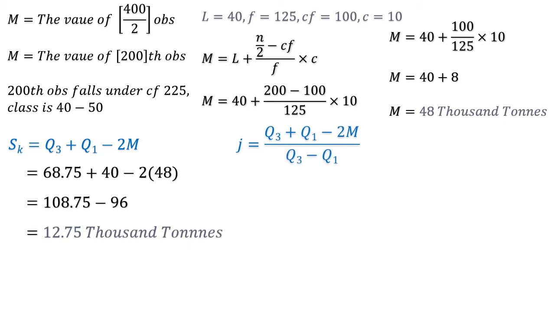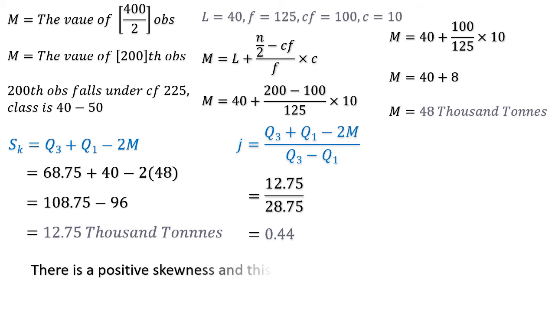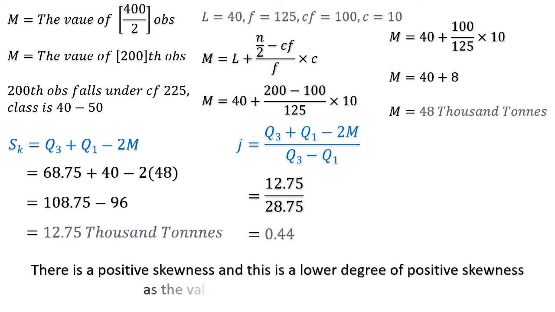Next, the coefficient: Q3 plus Q1 minus 2M upon Q3 minus Q1. Putting the values, 12.75 upon the difference between Q3 and Q1, which is 28.75. When you divide, you get 0.44, which is near to 0 rather than near to 1. So there is a positive skewness, and this is a lower degree of positive skewness as the value of the coefficient is near to 0.